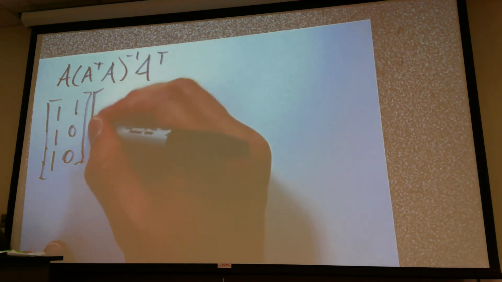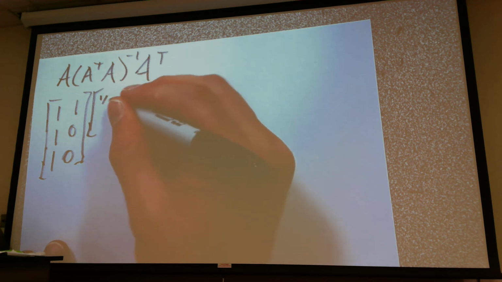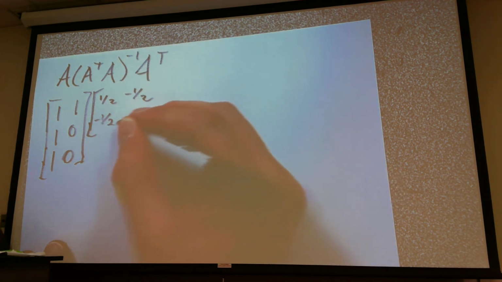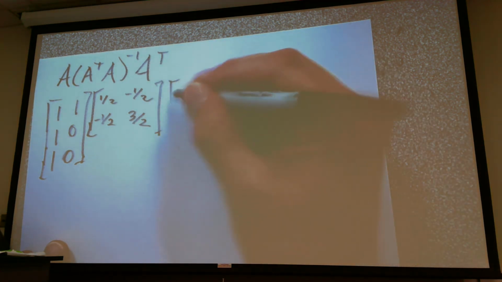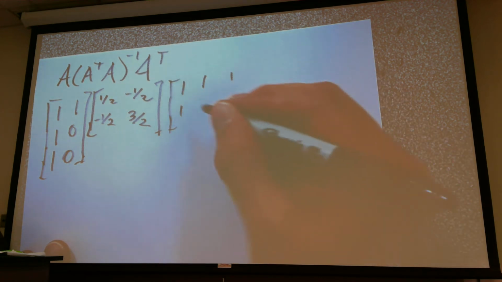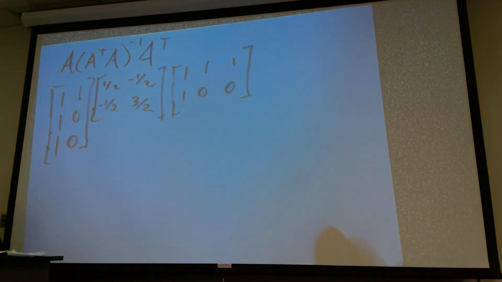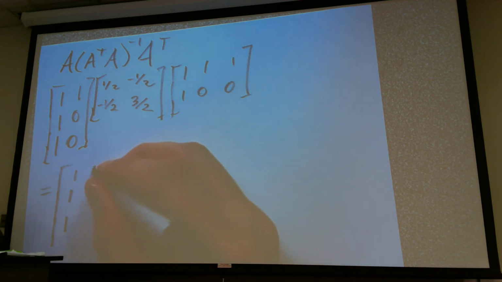Now acting upon 1 half, negative 1 half, negative 1 half, and 3 halves. Okay? And that's going to act upon 1, 1, 1, 1, 0, 0. Right. So that's going to equal 1, 1, 1, 1, 0, 0.